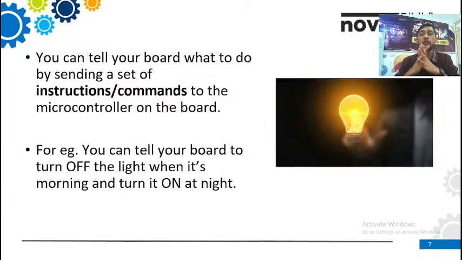So how does the brain work? You can give the information, or the set of instructions, to the brain on how the thing will happen. For example, if you want to make a line follower robot, what is a line follower robot? It follows a line.